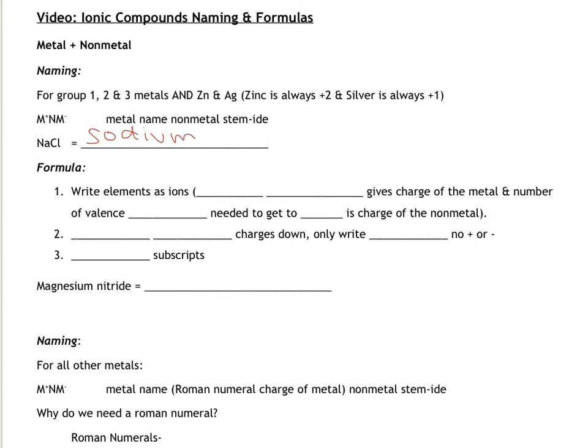Then I take the stem for my nonmetal, which is chlorine. Instead of the INE ending, I just take my stem, CHLOR, and I have chloride. So sodium chloride is the name of NaCl.